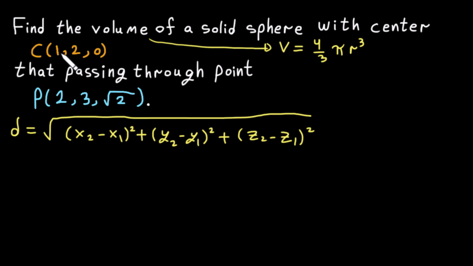The first point, which is C, I will write as x1, y1, z1, and the second point, this one, is x2, y2, z2.